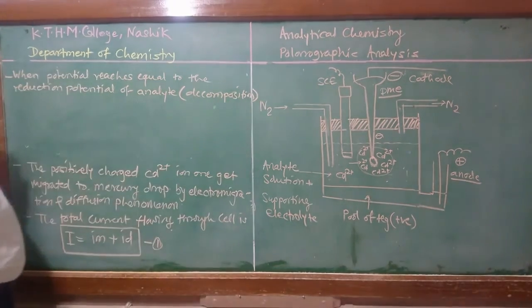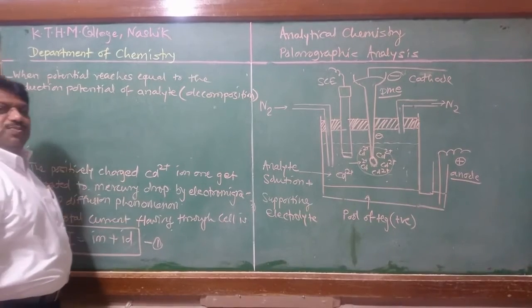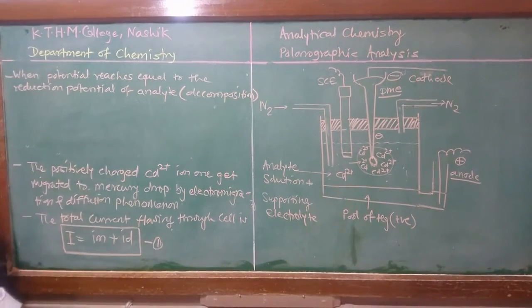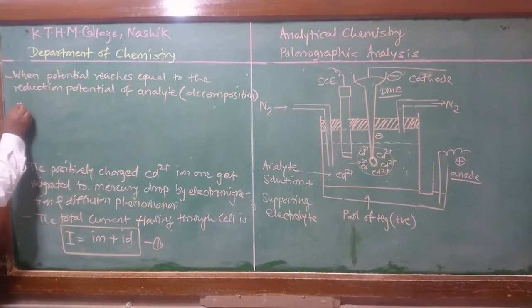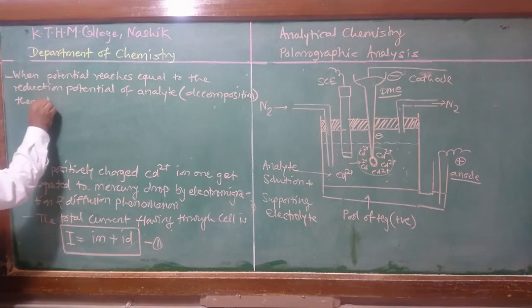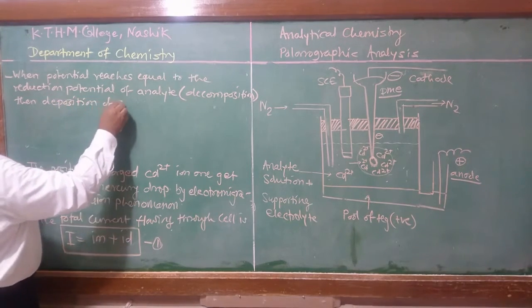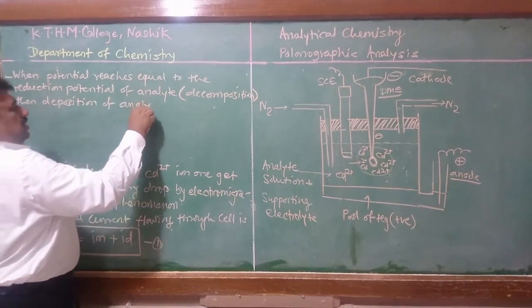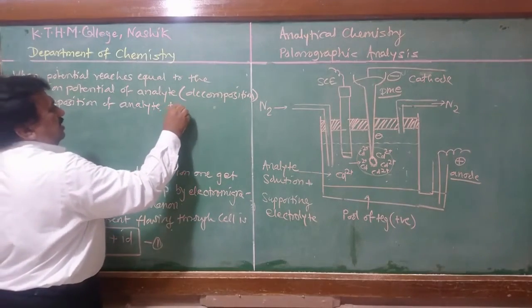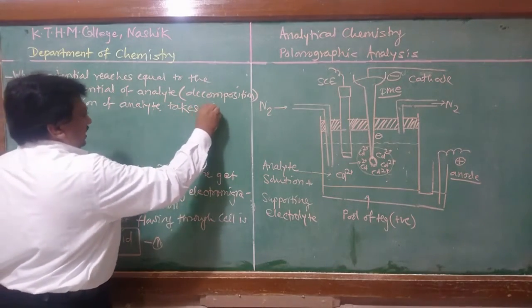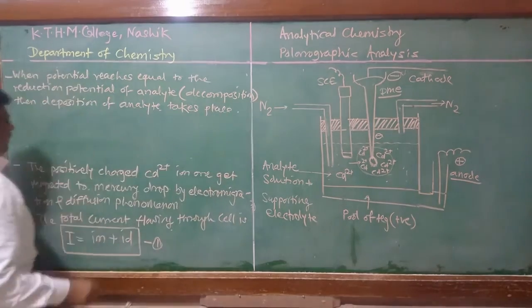The applied potential, when it reaches equal to the reduction potential of analyte, is called decomposition potential. Then the deposition of analyte takes place, as analyte is deposited onto the electrode surface.